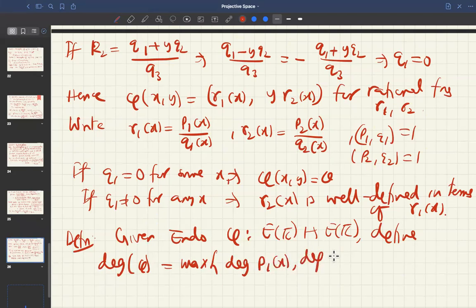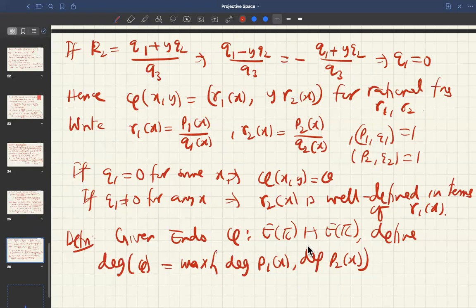So what do you mean by Q1 non-zero, then R2 is well defined in terms of R1? Actually, I'm going to give an exercise which will make it more clear. The way we have defined this phi of xy is that, given a point on the elliptic curve, it gives another point on the elliptic curve.